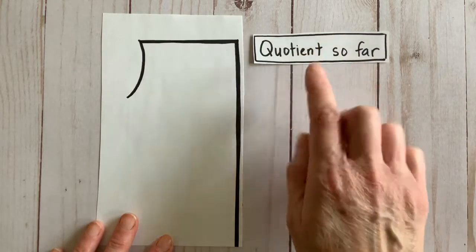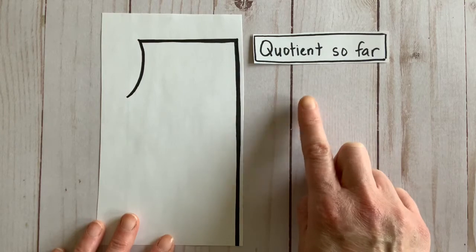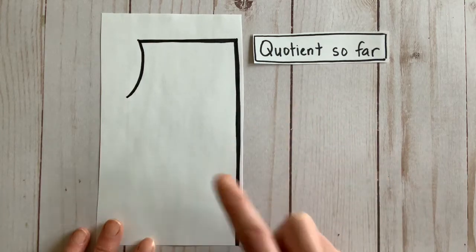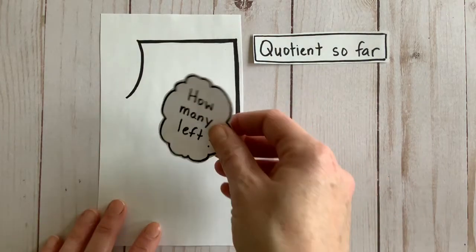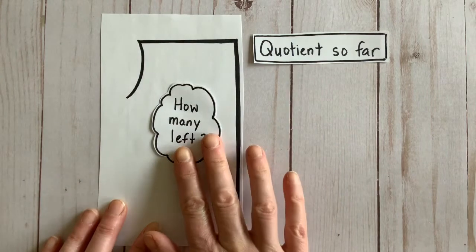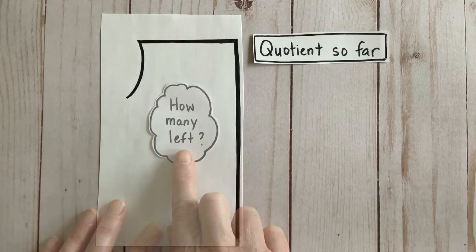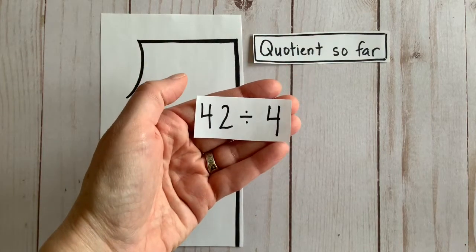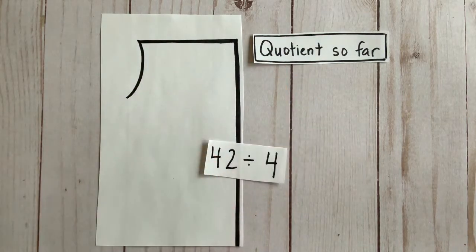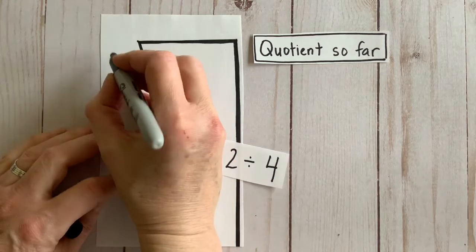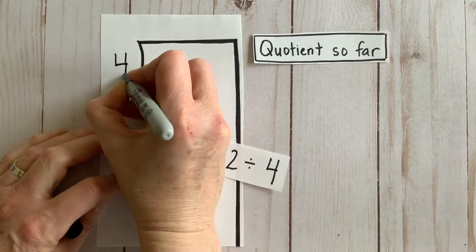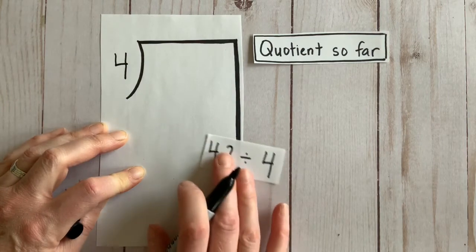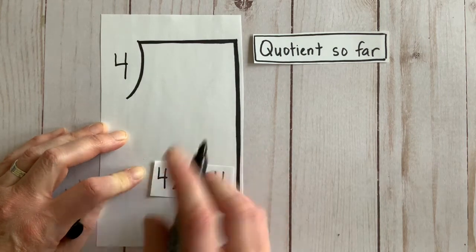Here's how it works. We're going to keep track of the quotient so far over here on the right, and the amount left over here under the division bracket. Let's take a look at the question 42 divided into 4 equal and fair groups. First, let's record the divisor to the left of the bracket and then the dividend right underneath.